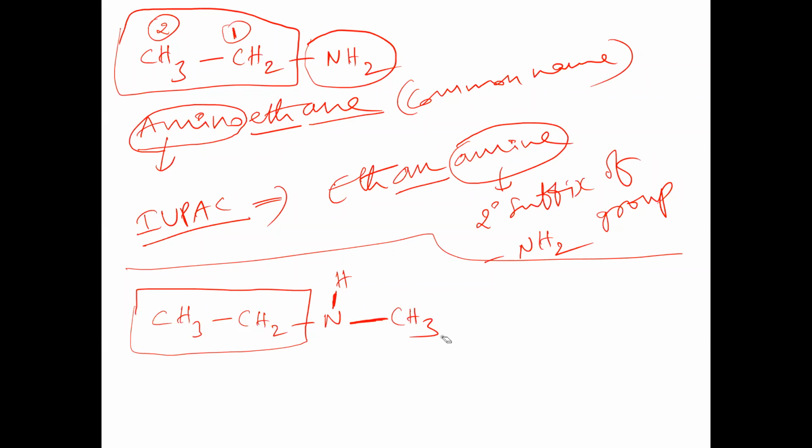This methyl is attached to which atom? Nitrogen. So it is called N-methyl. Now if methyl is not there and NH2 is there, it will be ethanamine. Here, in place of one hydrogen atom of NH2, a methyl group is substituted.